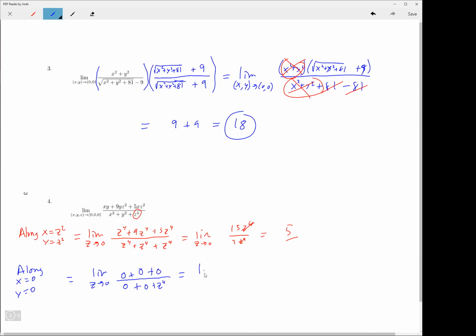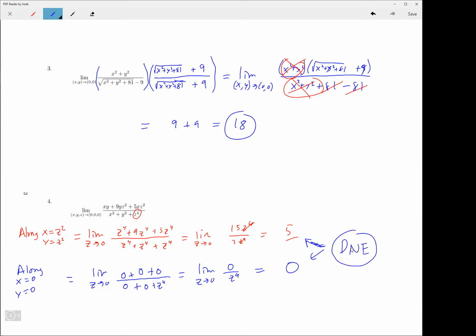So you have the limit as z goes to 0 of 0 over z to the 4th, which is just going to be 0, because that's always 0. So now what does this mean? The limit does not exist. Yes, that limit does not exist.